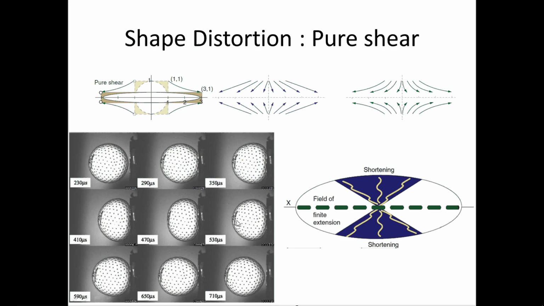So this shape is matching with the 410 microsecond condition. This 530 microsecond stage is somewhat like 410 microseconds. So the maximum deformation is at this stage, and slowly it is recovering, and again it becomes spherical.